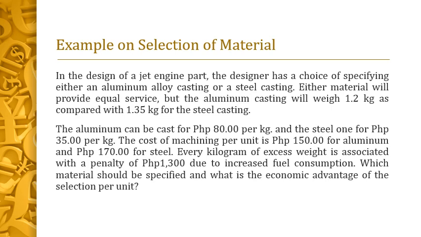The aluminum can be cast for 80 pesos per kilogram and the steel for 35 pesos per kilogram. The cost of machining per unit is 150 pesos for aluminum and 170 pesos for steel.